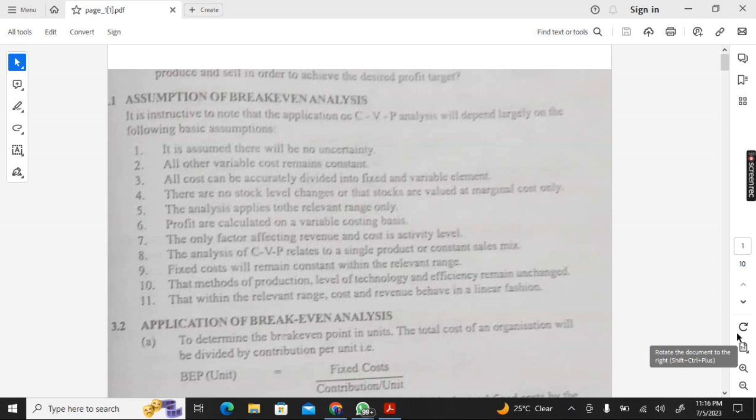If we can produce 5,000 goods, definitely we achieve this. So all they are doing is not a probability show, it is a certainty. It is assumed that there will be no uncertainty.